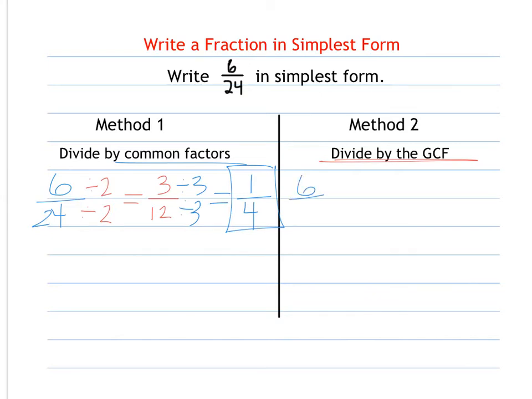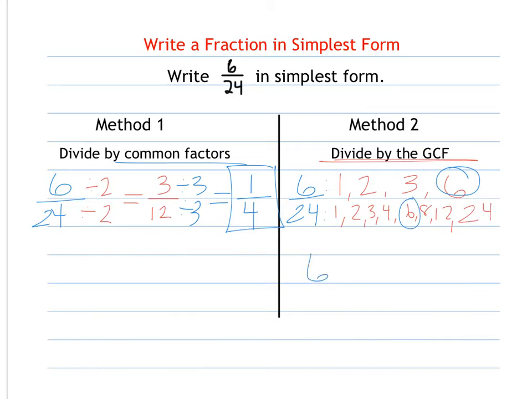So for 6 and 24, we would list our factors. For 6, that's 1 and 6, 2 and 3. For 24, that's 1 and 24, 2 and 12, 3 and 8, 4 and 6. So we look for our greatest common factor, which would be 6.